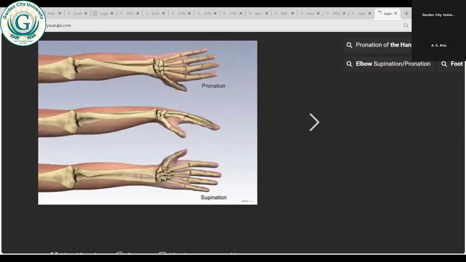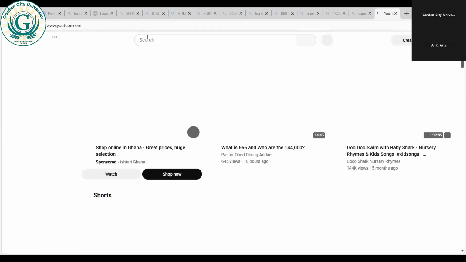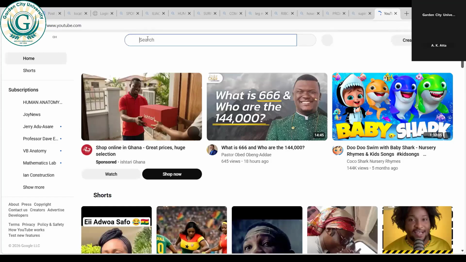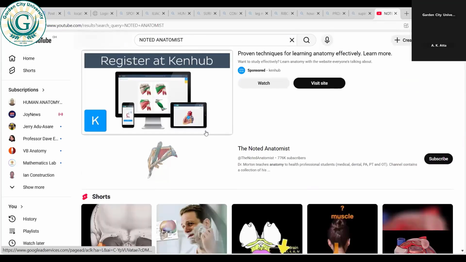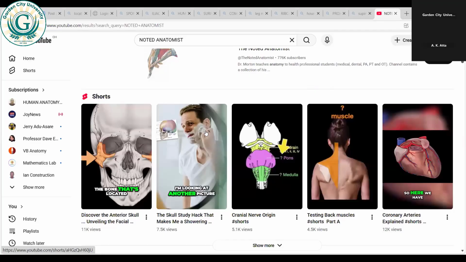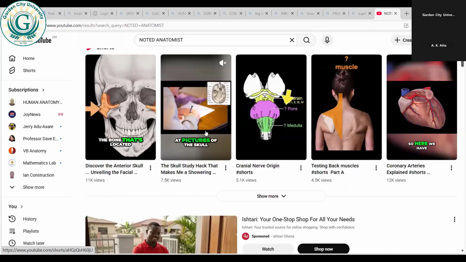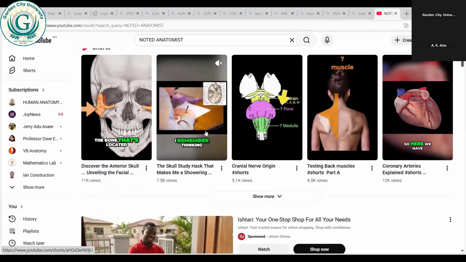I think that website can help you look at those bones. Noted Anatomies. Noted Anatomies.